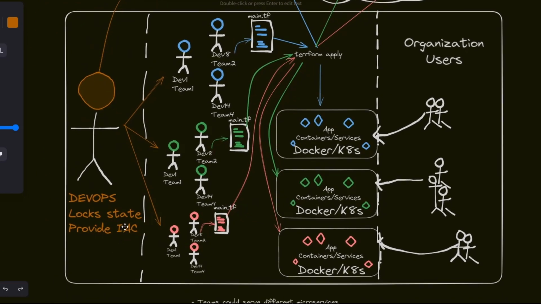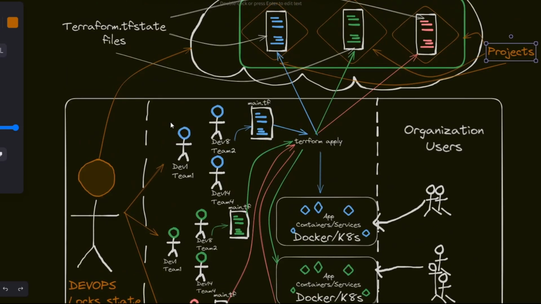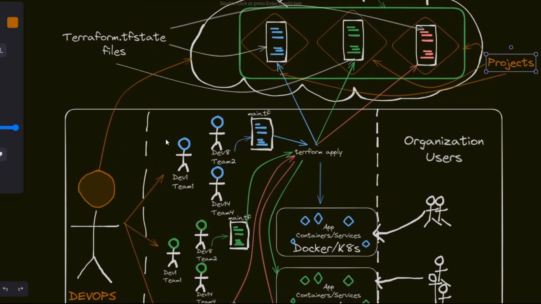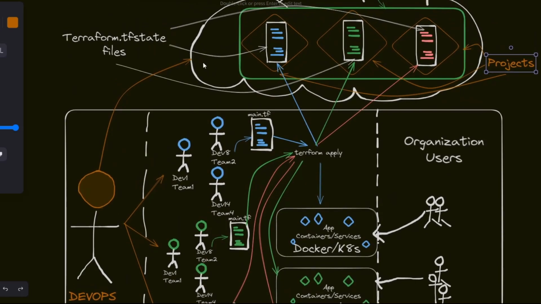It locks the states and provides the infrastructure as code to the developer teams. So there's control over who produces those documents and who can deploy what. And there's something more I can add, just to make it easy, because otherwise there will be too much information in this drawing.